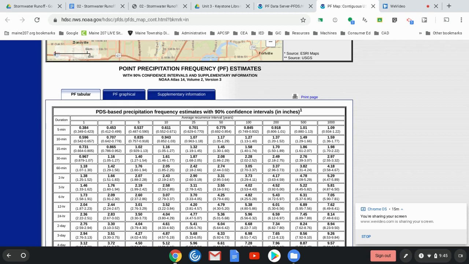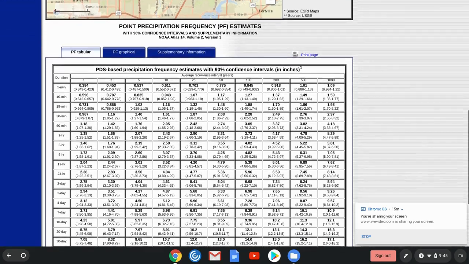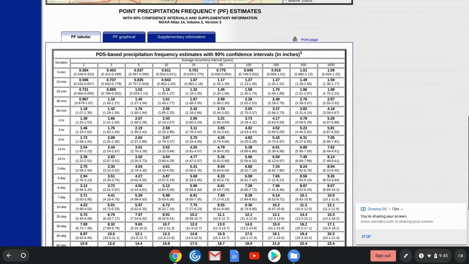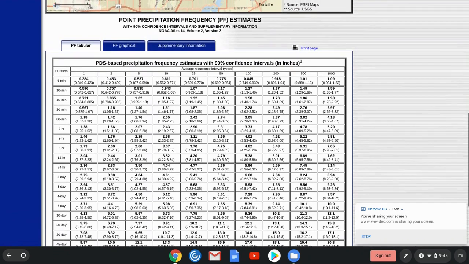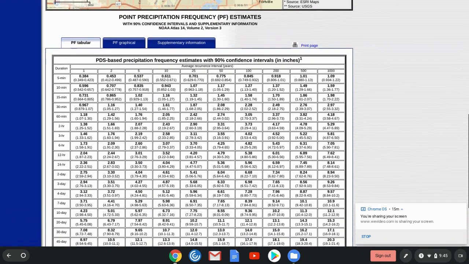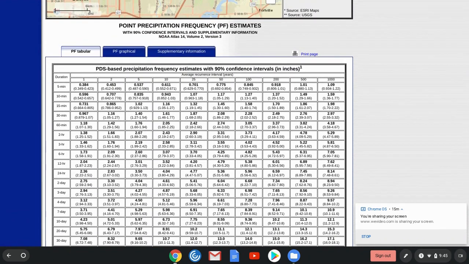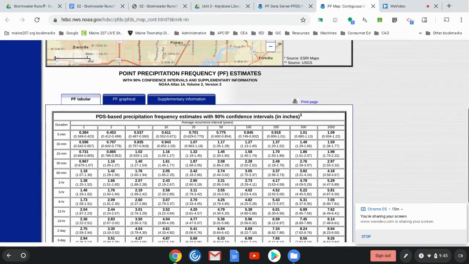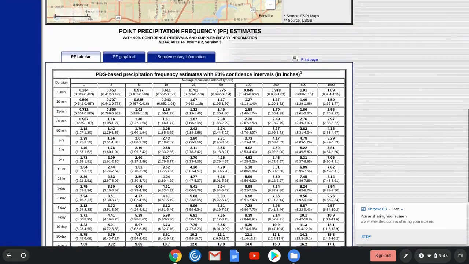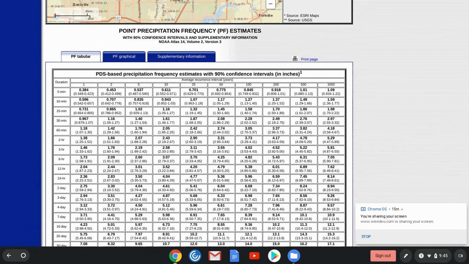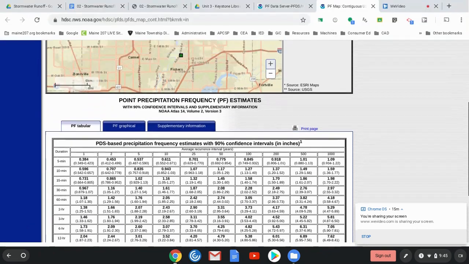Somehow my notes have something different, and I want to make sure I'm saying the right thing. Yep. So 2-year, 24-hour, 2.83 inches for the whole thing. So that's what we're going to use.